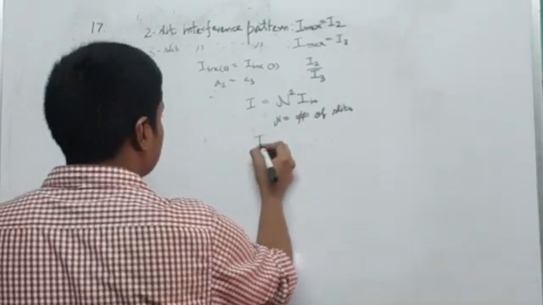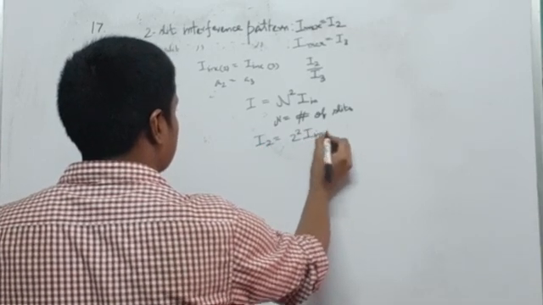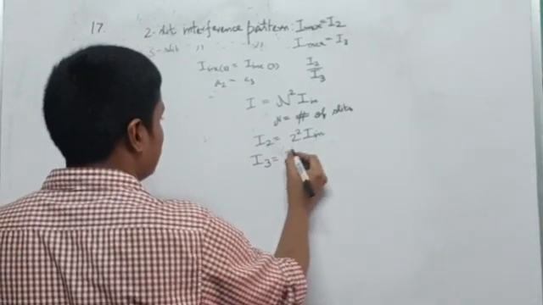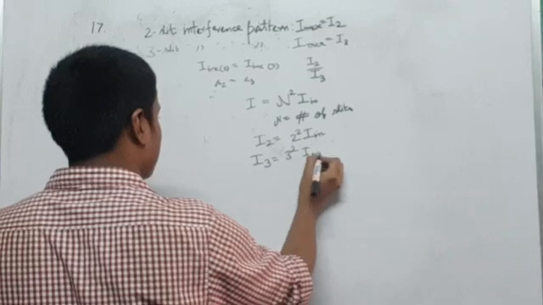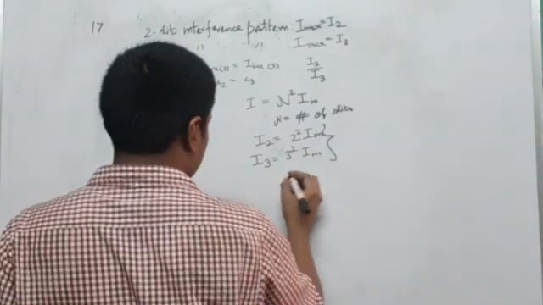Which means that for I2 we'll have 2 squared times I intensity, and for I3 we'll have 3 squared times I intensity. That's all we need to solve this problem.